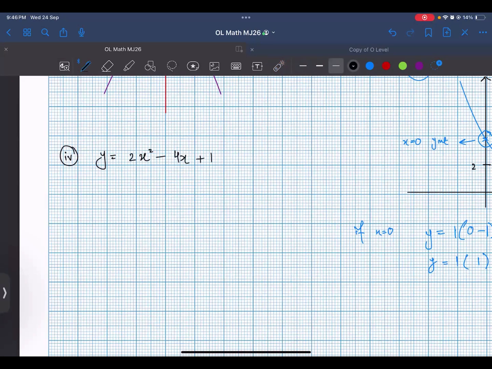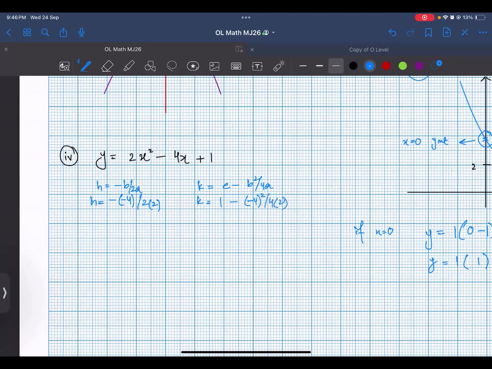Now in this one, you will have to find the turning point. The most important part in quadratic sketching is the turning point. To find the turning point, you want the h and the k. For the value of h, you have minus b upon 2a. For the value of k, it is c minus b squared upon 4a. So minus b is minus minus 4 upon 2 times 2, and k is 1 minus b squared upon 4 times 2.